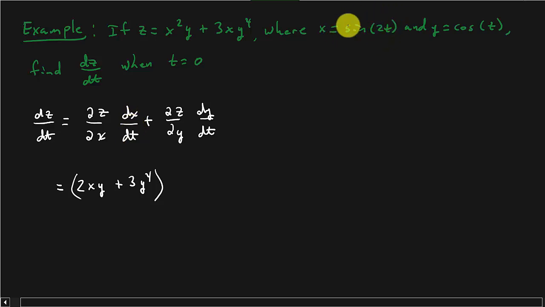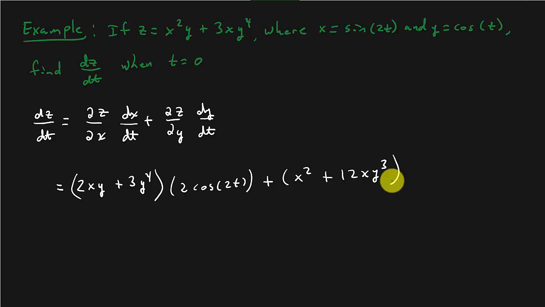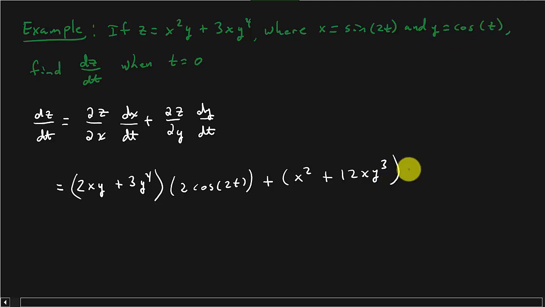So the derivative of x would be 2 cosine 2t, plus the partial of z with respect to y, which is going to be x squared plus 12xy cubed. That's the partial of z with respect to y, and then times the derivative of y with respect to t, so that's times negative sine t.